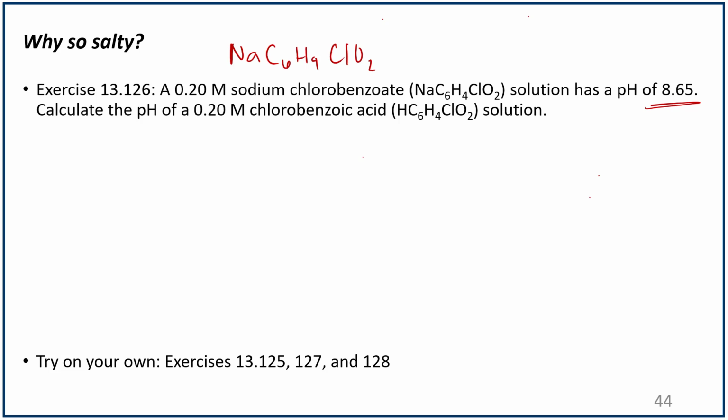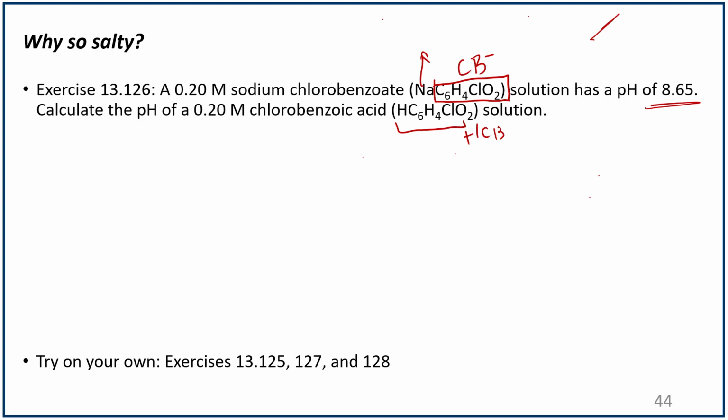For sodium chlorobenzoate, sodium is not an active species, so the only one which actually undergoes an acid-base reaction is the chlorobenzoate ion. I'm going to abbreviate that as Cb minus, and chlorobenzoic acid as HCb.